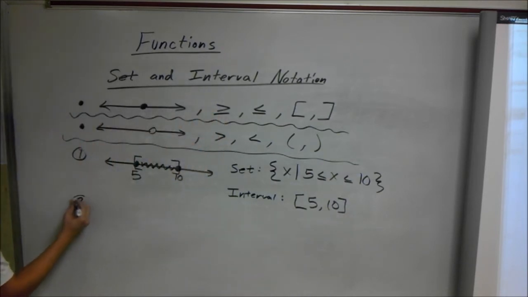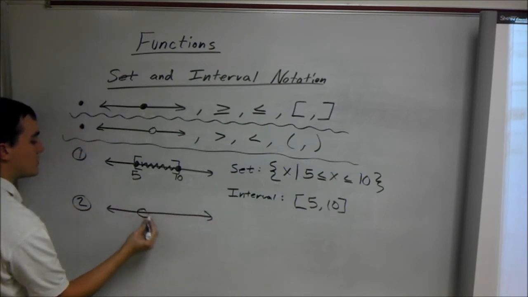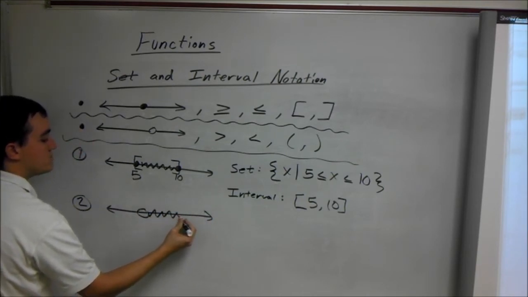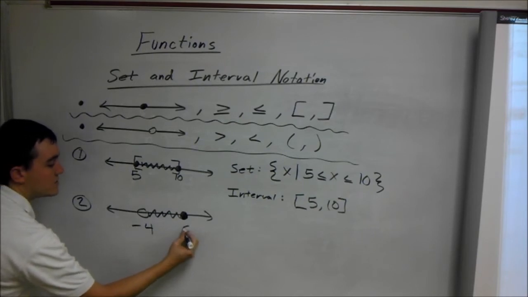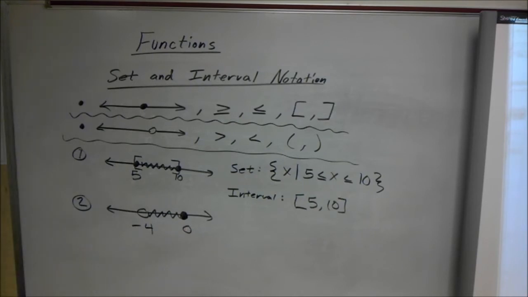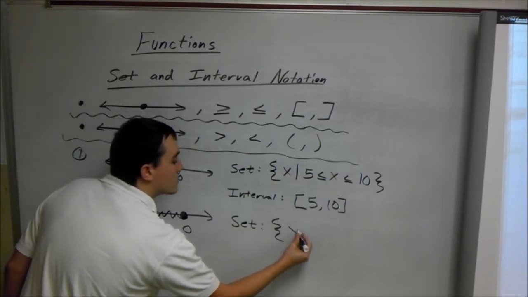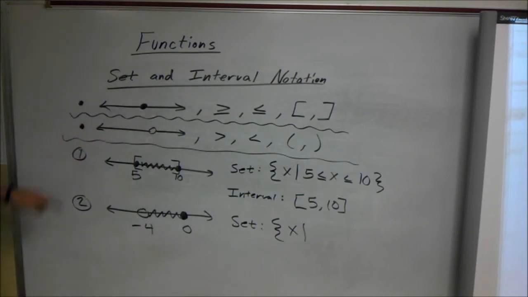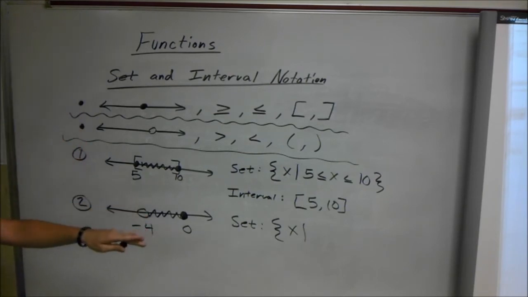Say we had something like this. An open circle going to a closed circle. And it was -4 and 0. For set notation, call our variable x. Doesn't matter which one when you're in one dimension, just across the line. On a graph, it does matter, because on graphs we have the x line and the y line.